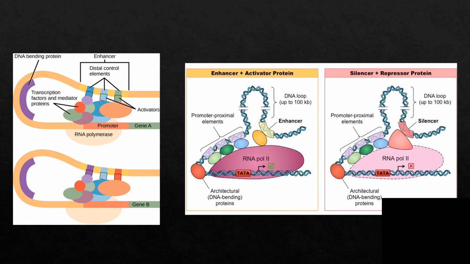Now, as I told, these are the enhancers, these are the activators. They will enhance the activity of gene regulation. In the case of repressors, when repressors are present, they will reduce its gene regulation.